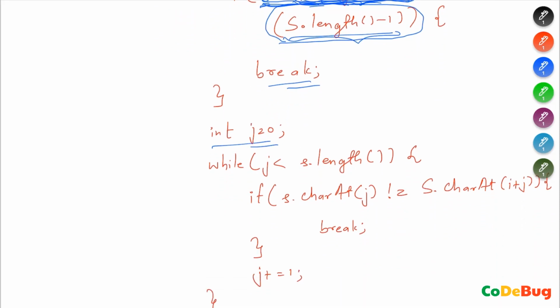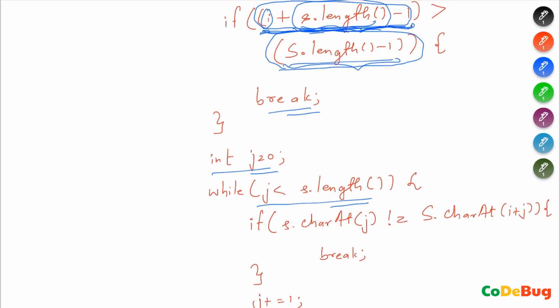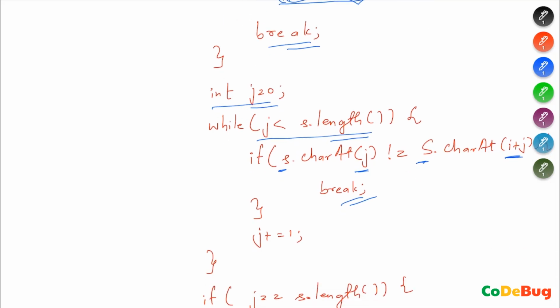j equal to 0. This is running through the entire needle, and we are checking if at any point the character at index j in the needle is not equal to the character at index i plus j in the haystack, then we'll break, right? Because, let's say we had apple and our string is PLO. We were here, the index was 2 and j was equal to 0, and we started looking at this character, this was equal to this, fine.